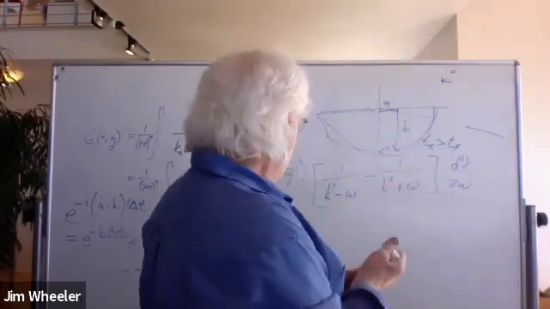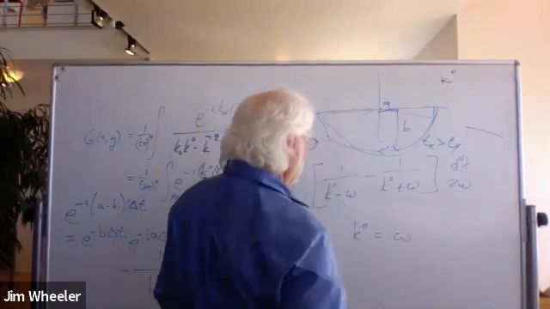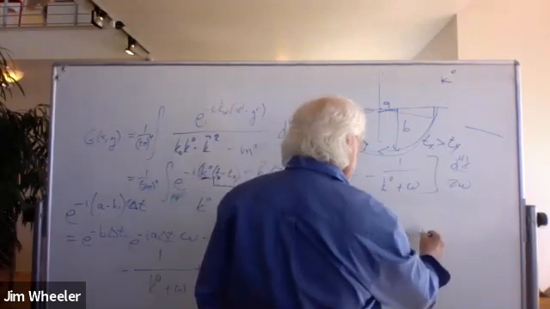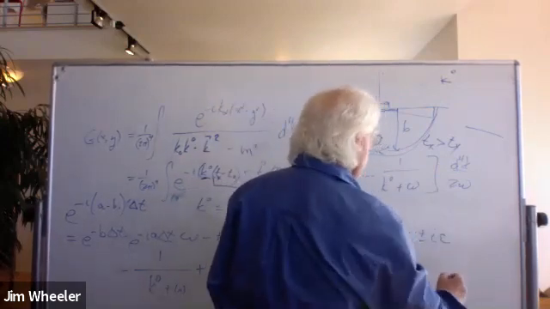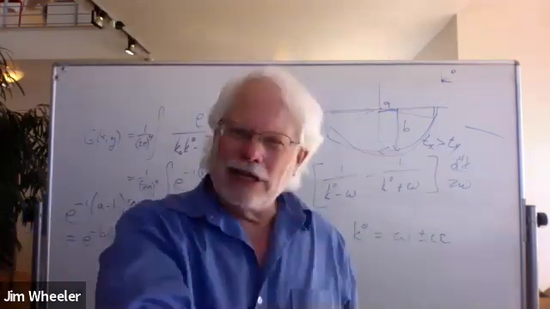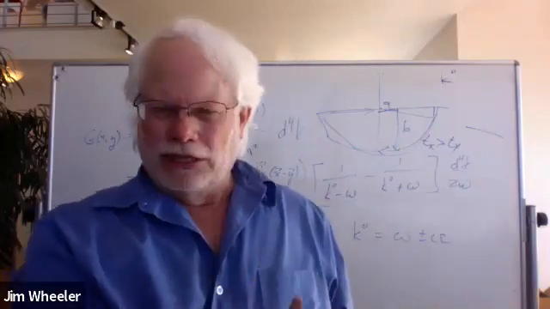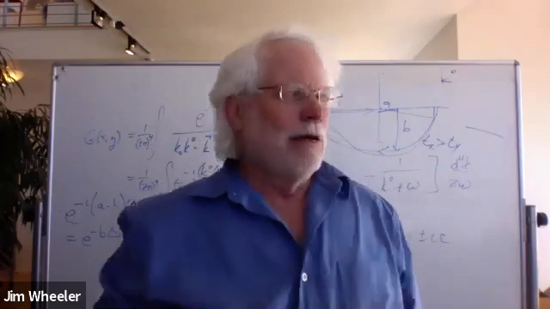So what I'm going to do is push the pole from k naught equal omega to k naught plus or minus i epsilon. And that'll shift the pole into either the upper or the lower half plane. And now I just apply the residue theorem, and it's straightforward to evaluate.